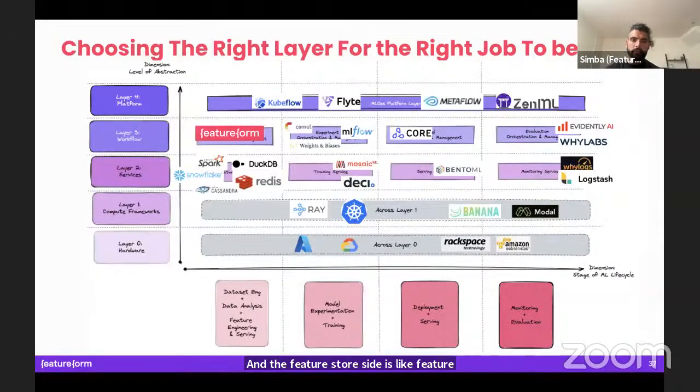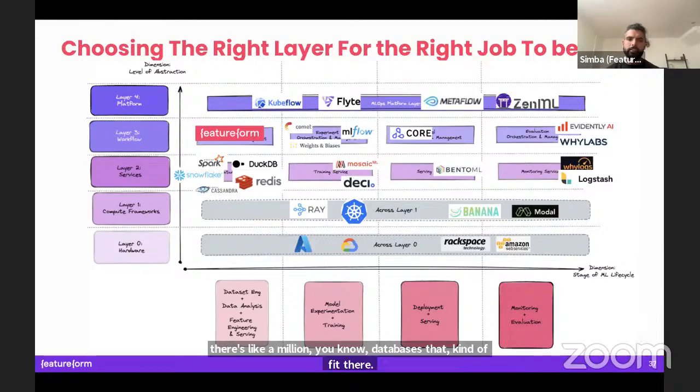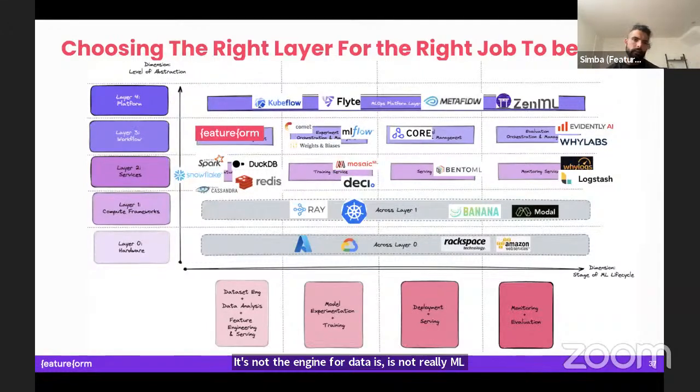On the services, the engine, there's tons. There's like a million databases that kind of fit there. The engine for data is not really ML specific. It's usually just a database or data layer of some kind. And then Featureform is what makes it into a feature store, a feature platform, into an actual place where you can define, manage, and deploy your features.